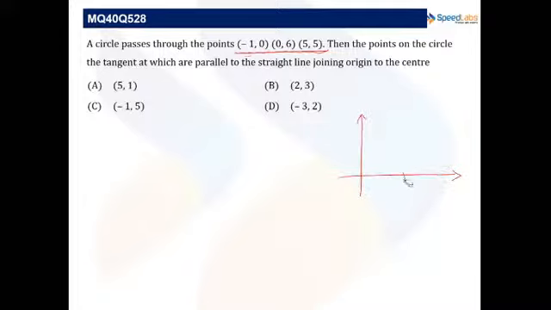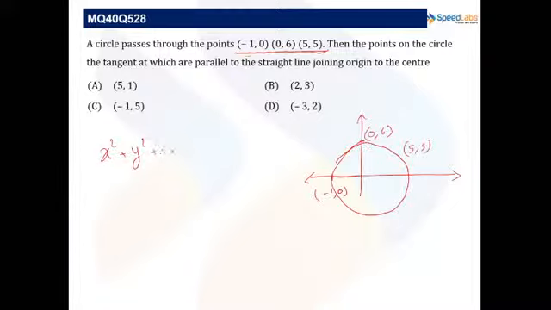One is here, (-1, 0), the other is (0, 6), and the point is here (5, 5). Now we know the general equation of a circle: x square plus y square plus 2gx plus 2fy plus c equals 0.